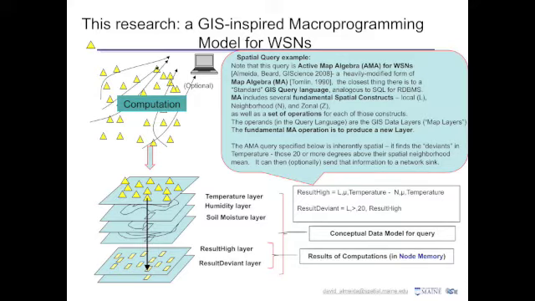This slide shows a representation of our approach, showing the embedded form of the GIS in the upper left corner. Below that is the conceptual model of the layers, conceptual data model, and also conceptual model of the results.